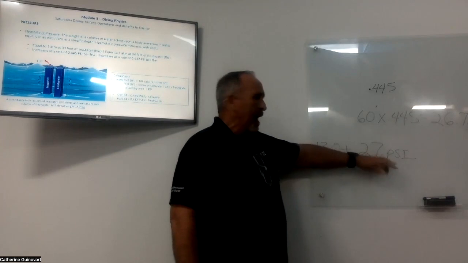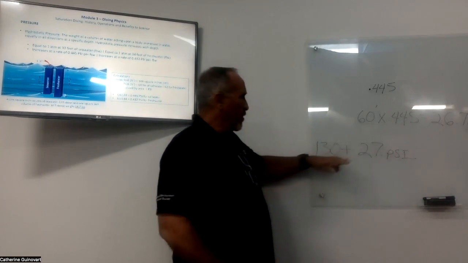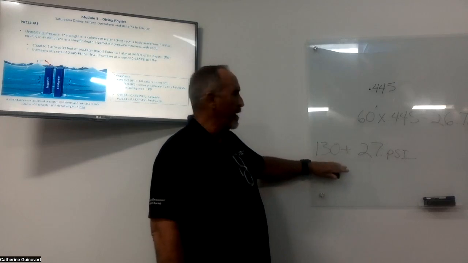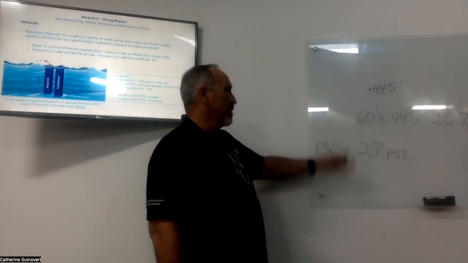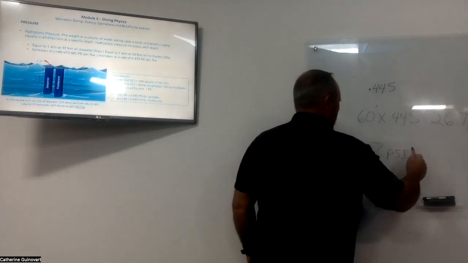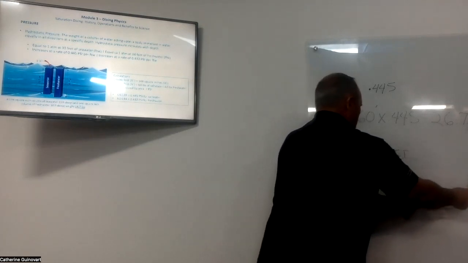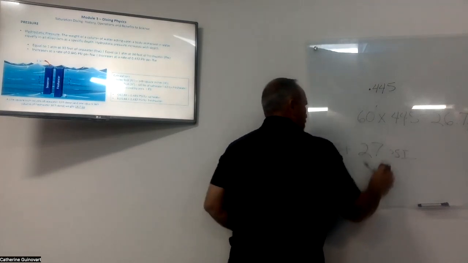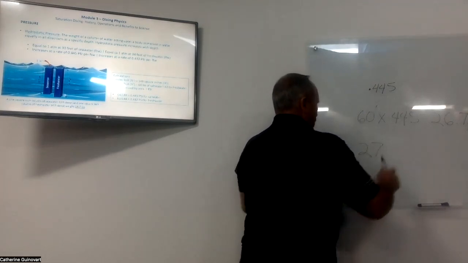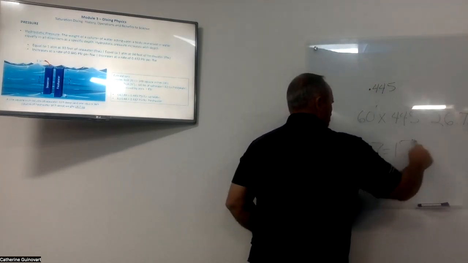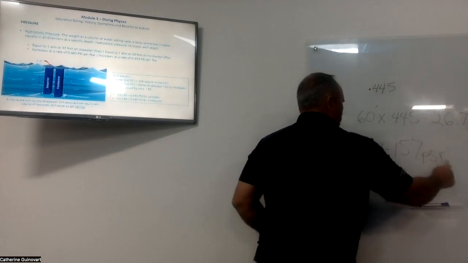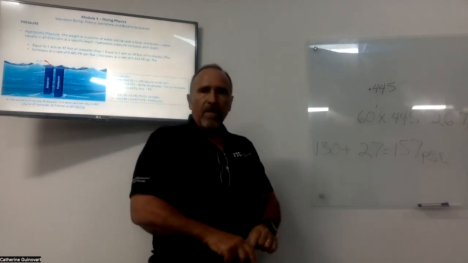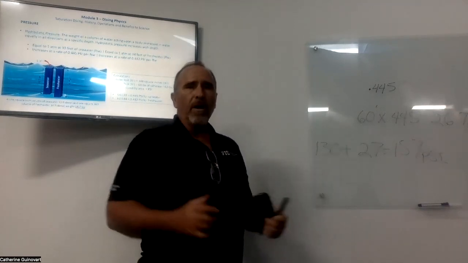So it matches it, and then we're adjusting it to give you another 130 psi. So obviously that's, let me erase this, that's 157 psi that is helping you push against the water pressure.